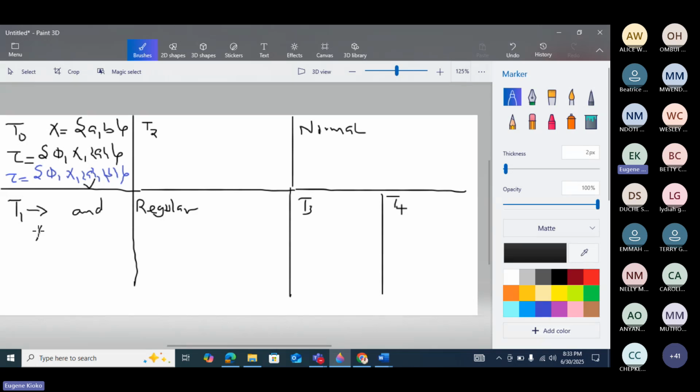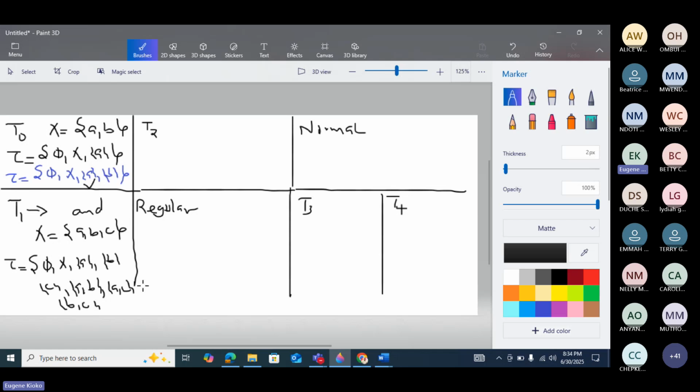For example, if I have X is A, B and C, then I give a tau, let's say tau is empty, X, A, B, C, AB, AC, and BC.